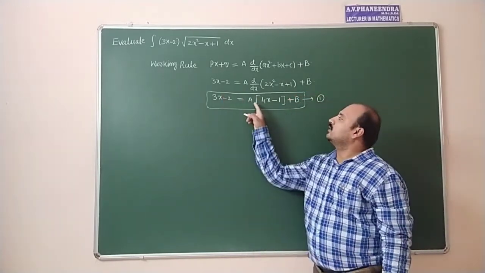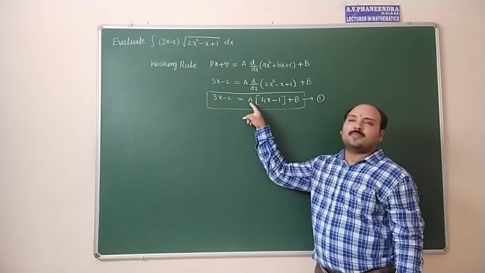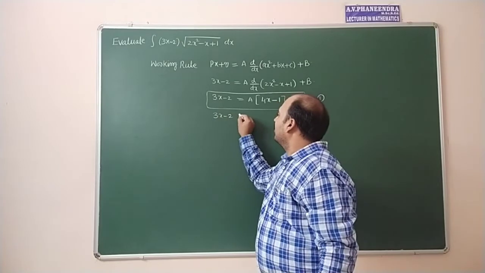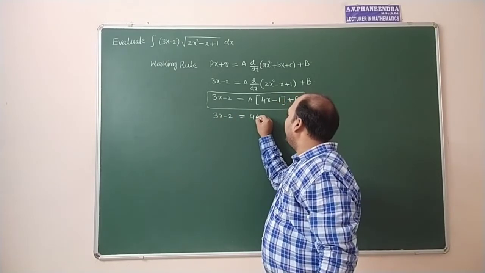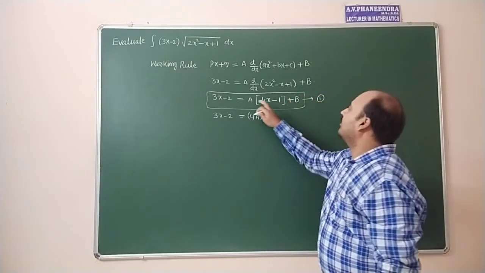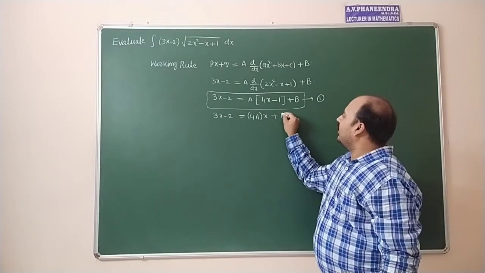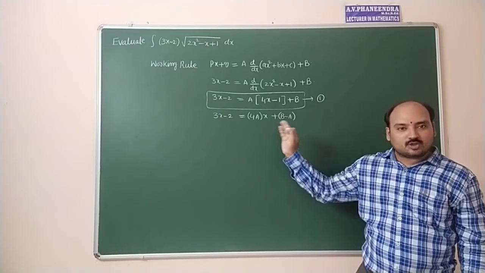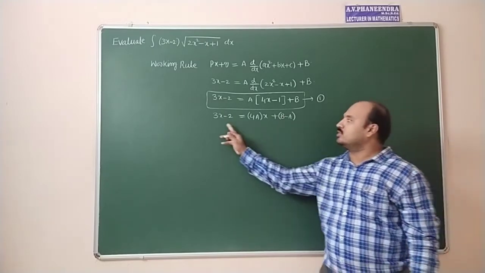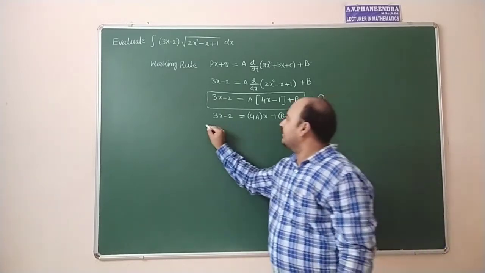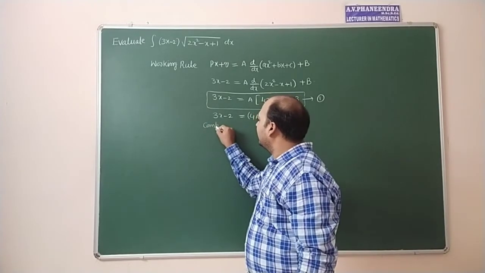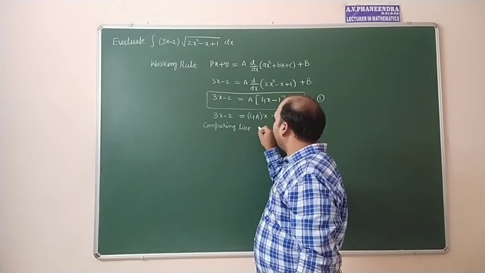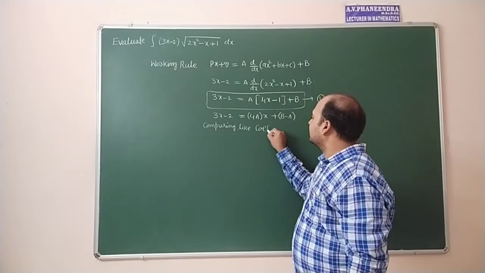After that, each and every term of this bracket is multiplied by A. So 3x minus 2 is equal to 4A into x minus A plus B. First B, you have to write B minus A. Now comparing x coefficients and constants on both sides, comparing like coefficients on both sides.